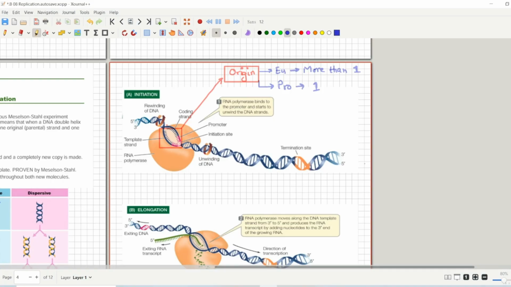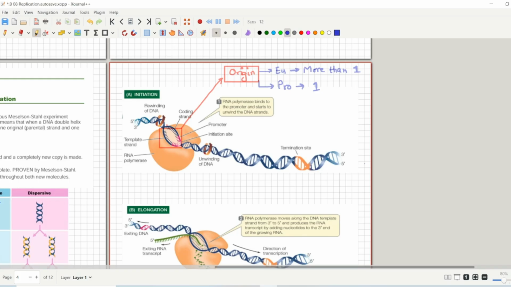So eukaryotes will contain multiple origins of replication, and from these origins you will form multiple replication bubbles. If prokaryotes have only one origin of replication, then they will have only one replication bubble. Simple, right? So first of all, let's discuss how the replication bubble is actually formed.